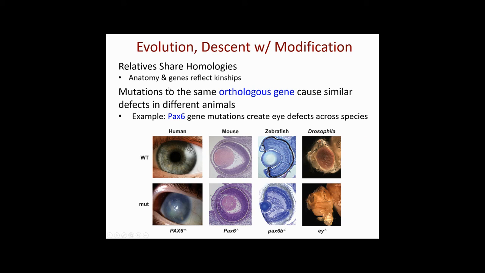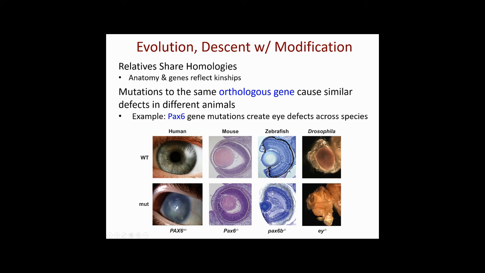But remember that genes can reflect kinships. We are not the only animal that has a PAX6 gene to control the formation of our eye. So along the top row, you can see normal eye formation, not just in humans, but in mice, a type of fish called a zebrafish, and our Drosophila species of fruit flies. Here too, on the bottom row, you can see what the deformation of the eye structure looks like as a result of PAX6 gene mutation.